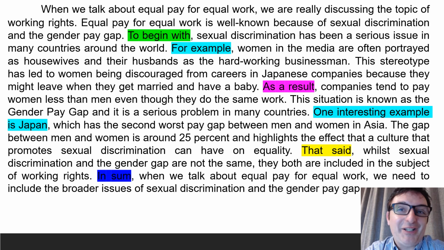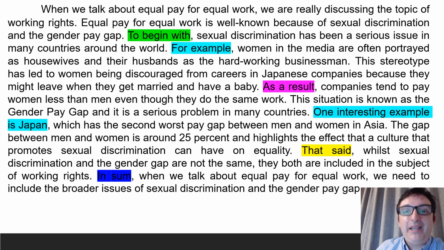So you can imagine I'm going to talk about two things in this paragraph. The first thing is sexual discrimination, and the second thing is the gender pay gap. And there we go. To begin with, I start with a sentence about sexual discrimination. And the next sentence, which is light blue, has a transition word.